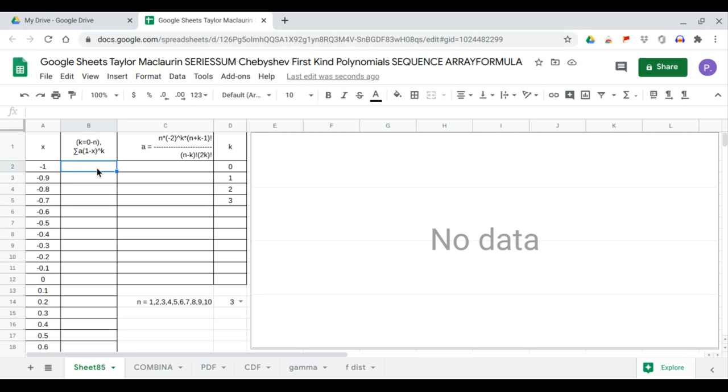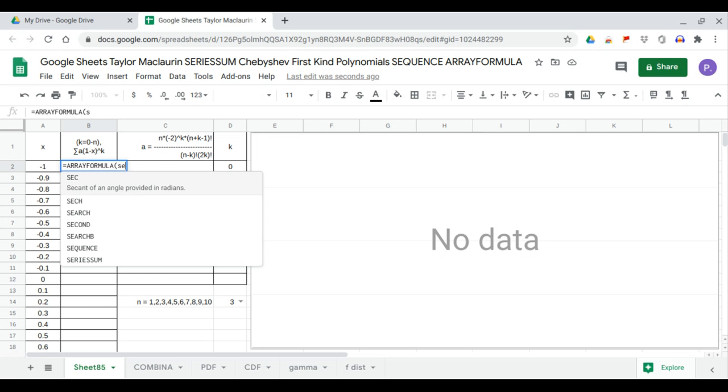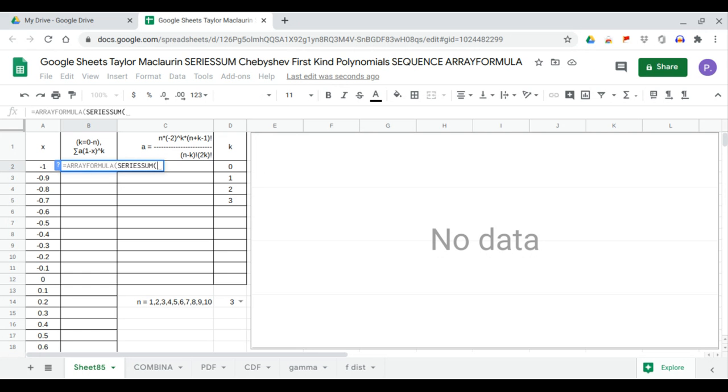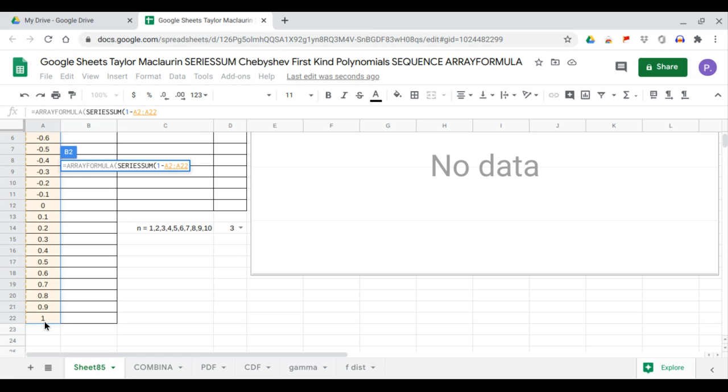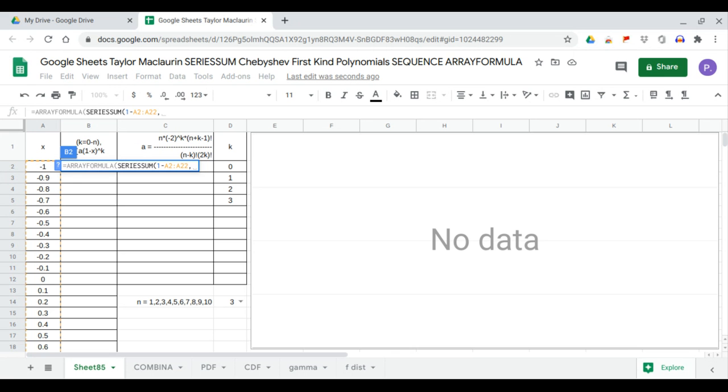Now we'll continue with the Taylor Maclaurin series sum for the Chebyshev first kind polynomial. This is equal to array formula, series sum 1 minus x raised to the power k, where k starts from 0 incremented by 1, and the coefficient will be this h.